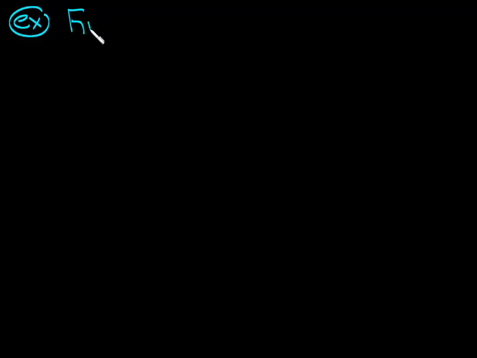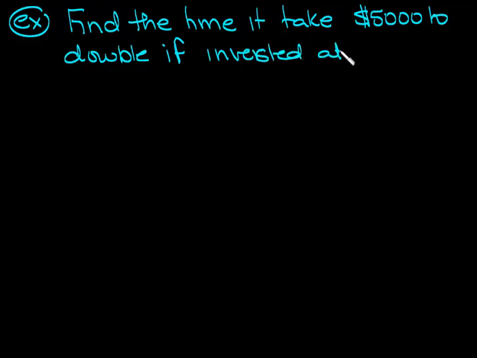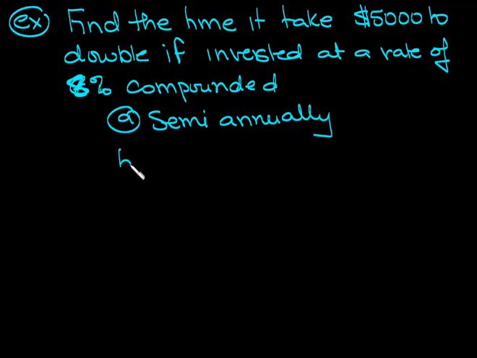Find the time it takes $5,000 to double if invested at a rate of 8%, compounded, and we'll do it two ways: A, semi-annually, and B, continuously.